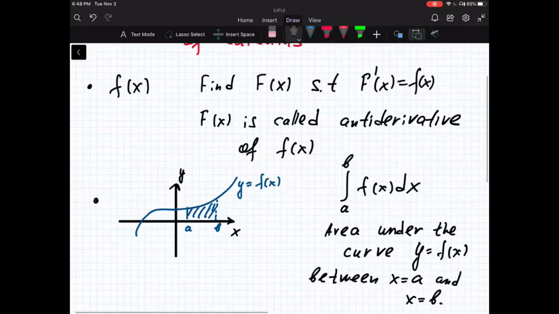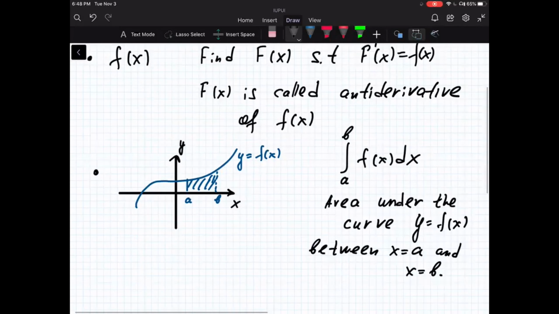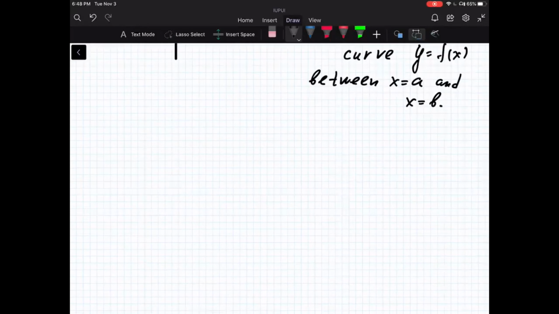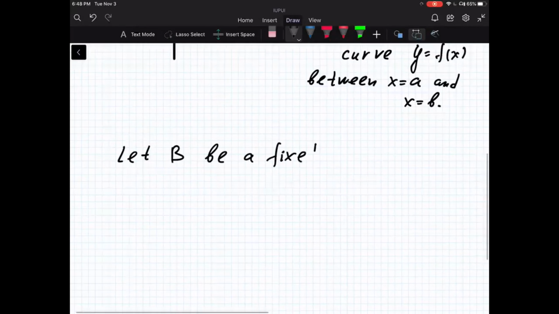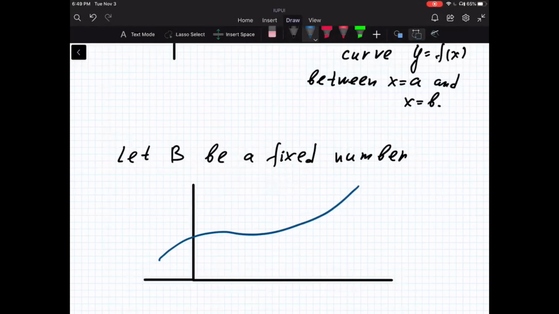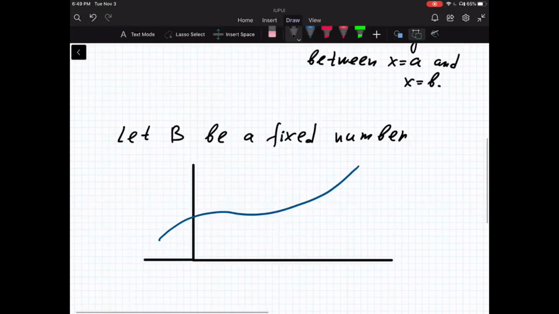And in this lecture, we will connect these two concepts, and that will lead us to the fundamental theorem of calculus. So let's fix some number capital B, and consider the area under the curve bounded on the left by the vertical line x equals b, and on the right by a vertical line through x, where x is allowed to vary.